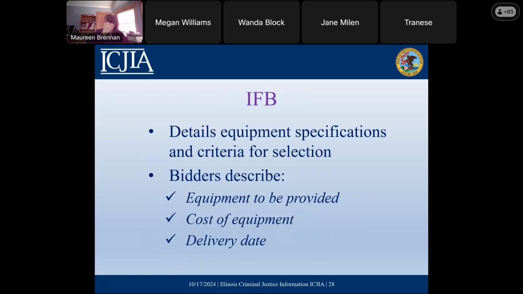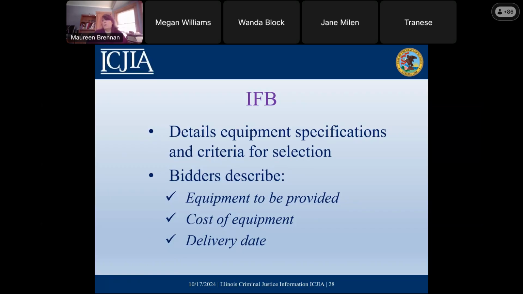For an IFB, that's when you're procuring equipment. And I know that doesn't come up very much with our grants, because in our terms, equipment is items that have a unit cost of $5,000 or more. But what you need to do for an IFB is to detail the specifications and the criteria for selection of that equipment.